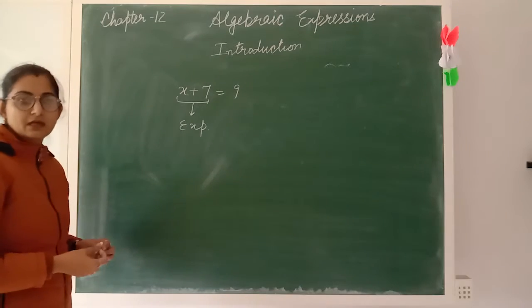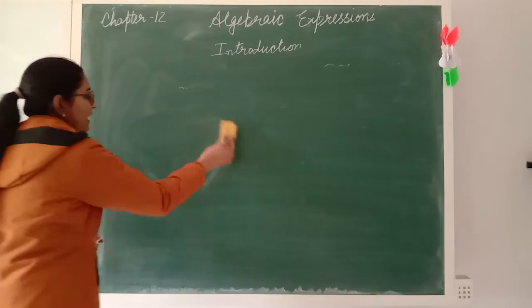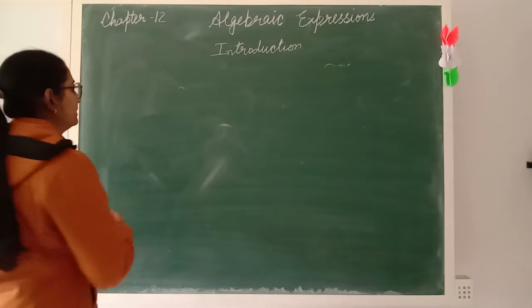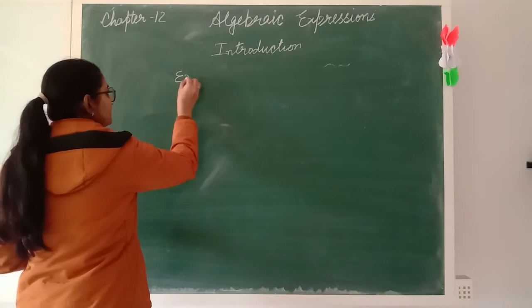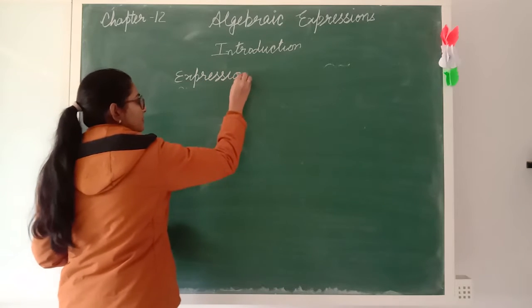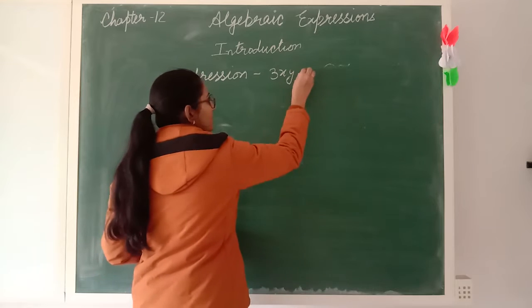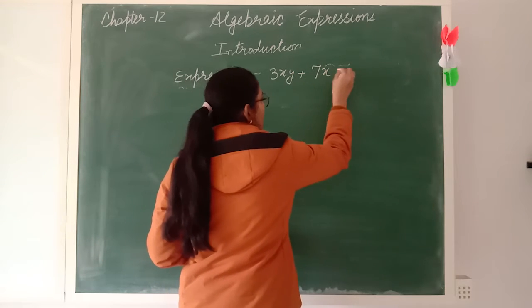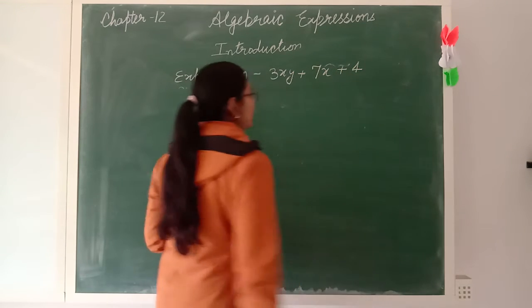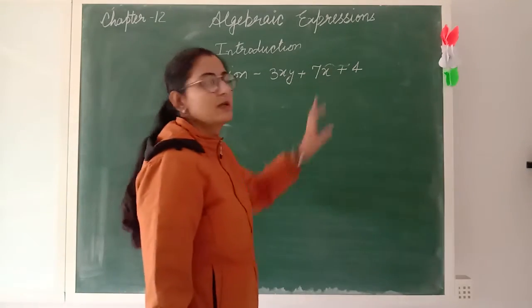Now we have some terms which we have to discuss. At first, I am taking another expression, and the expression is 3xy plus 7x plus 4. This is an expression we have, 3xy plus 7x plus 4.